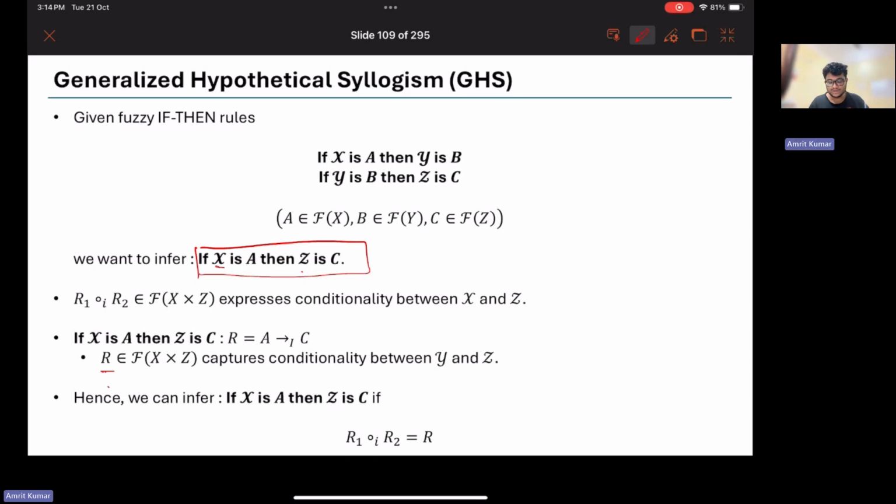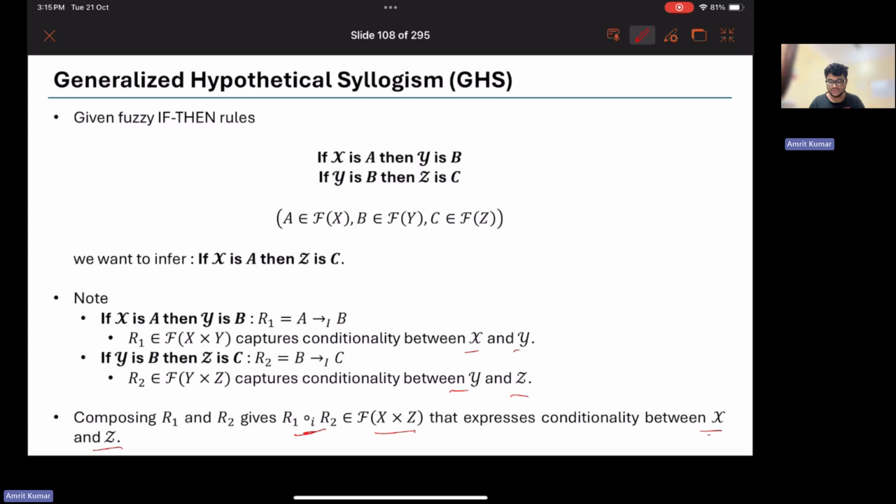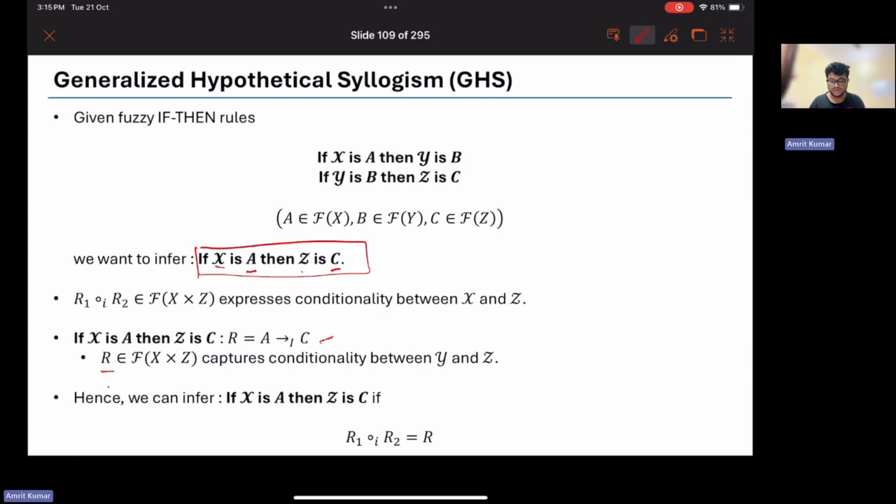And how will that R be computed? It will be computed by taking the outer product of antecedent fuzzy set A with consequent fuzzy set C. So we have two relations from universe X to universe Z that capture the conditionality between variable X and variable Z, namely this composition R1 composed with R2 and this relation R. So this inference is possible if these two relations, R1 composed with R2 and R, are consistent with each other, or in other words, they are equal to each other.